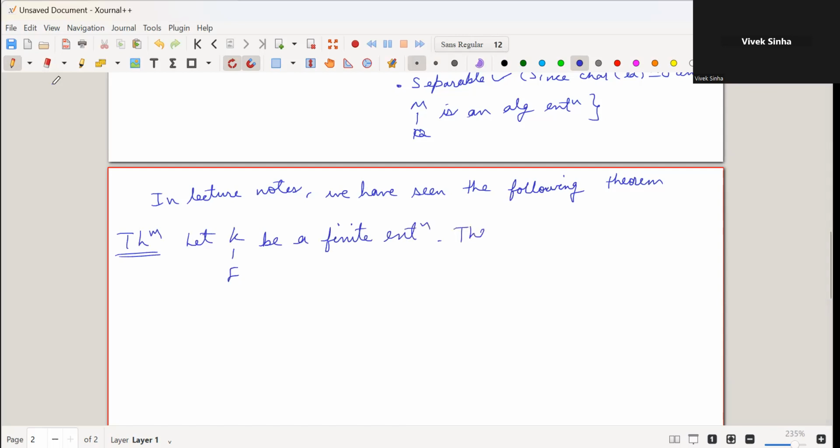Then K over F is a Galois extension if and only if the dimension of K over F is the same as the order of the automorphism group of K over F.